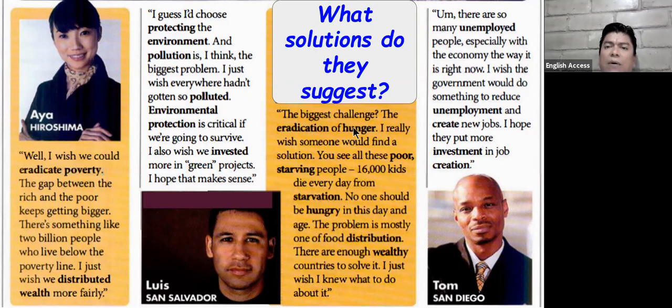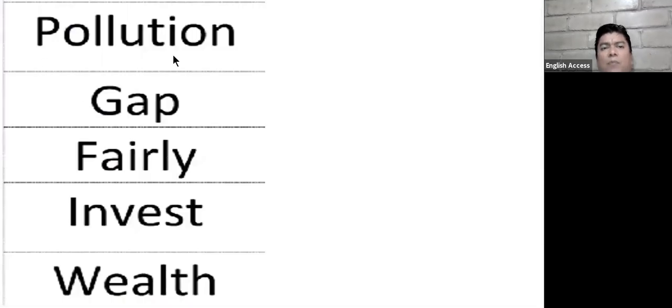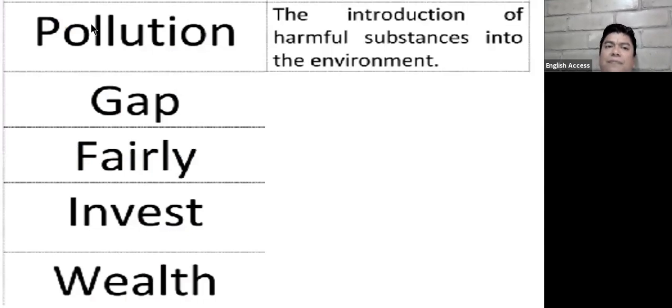It's okay. Now, let's take a look at the next one. What is pollution, guys? Pollution is the introduction of harmful substances into the environment. Yes, to throw trash or to dump dirty water or to create smoke. Harmful substances. What does gap mean?